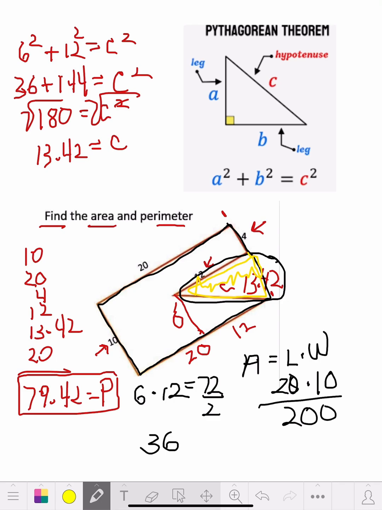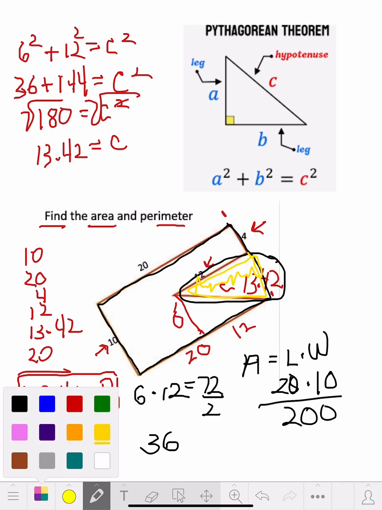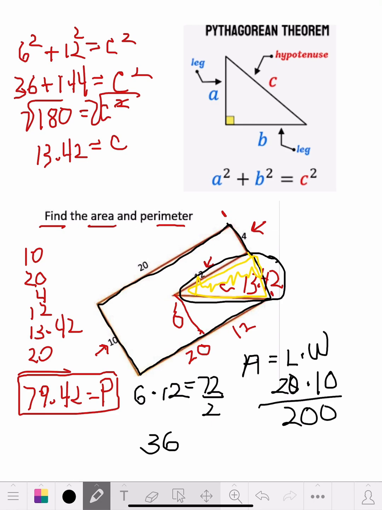So hey, let's go back to the black again. I'm missing 36, so 200 minus 36 is 164. They don't tell you if it's inches or anything.